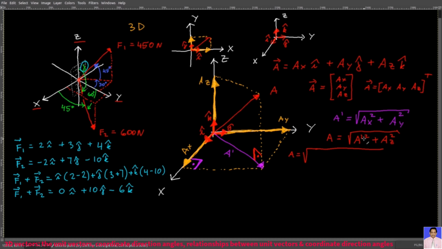Then instead of A apostrophe squared, I write this thing, which is this thing squared, plus Az squared. And since you have square root here and squared here, essentially what you will have is this: Ax squared plus Ay squared plus Az squared. That's the formula for the magnitude of a 3D vector.